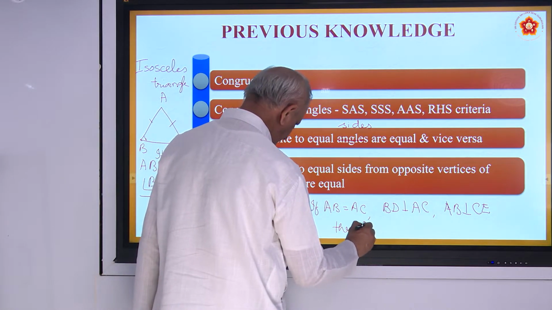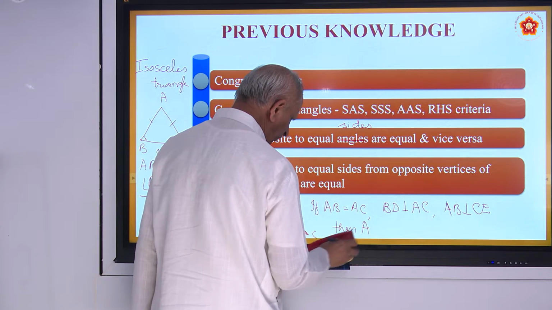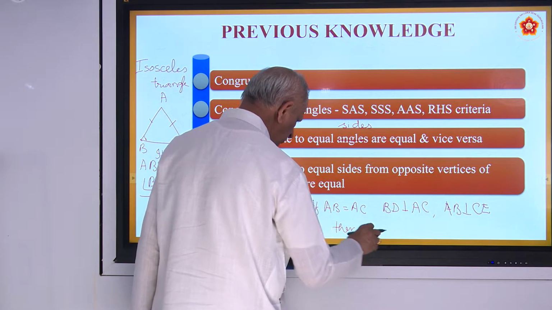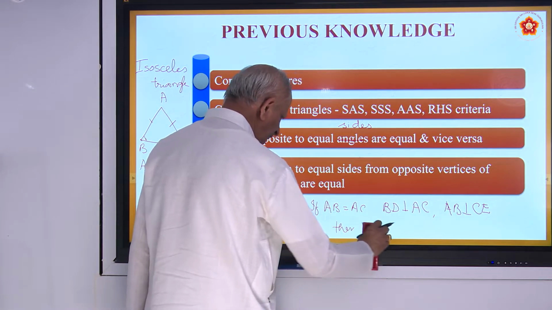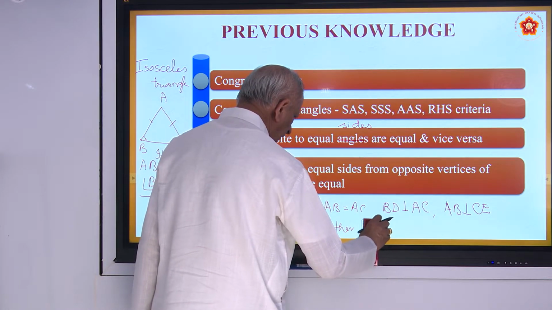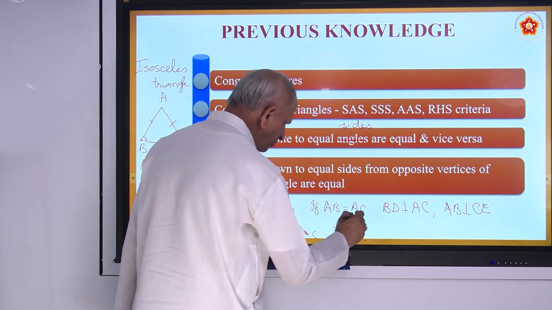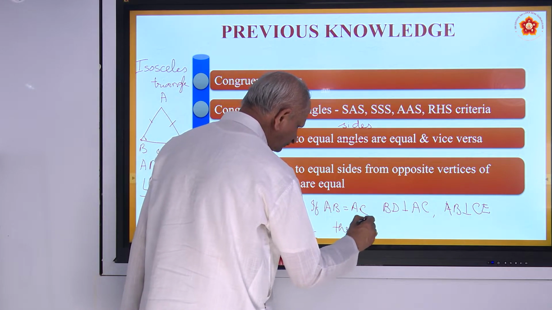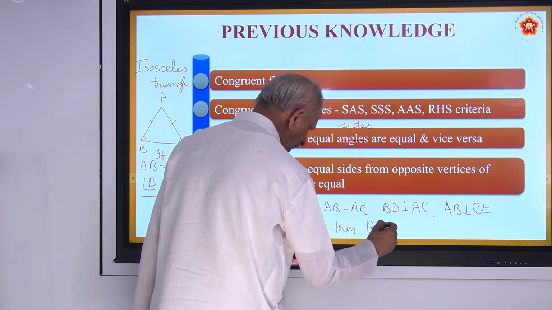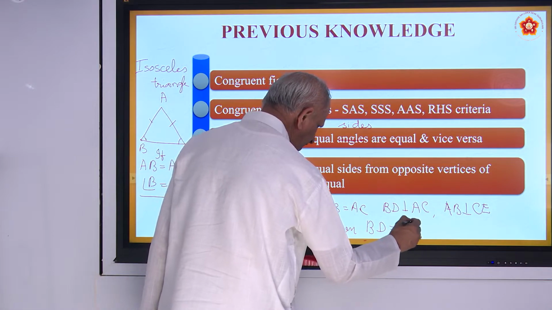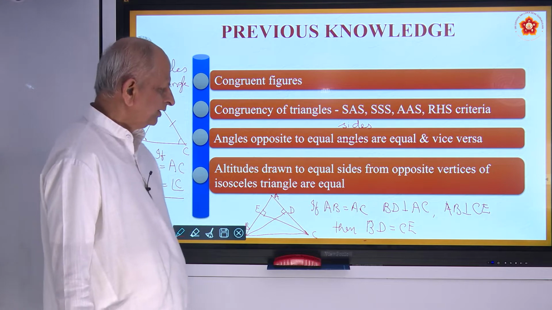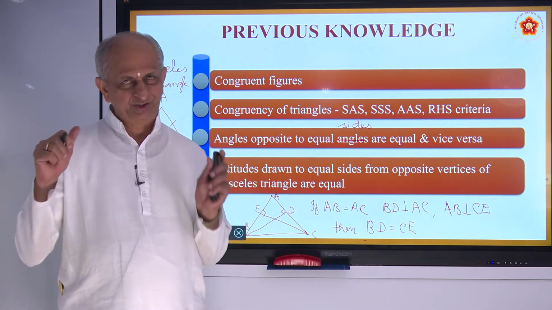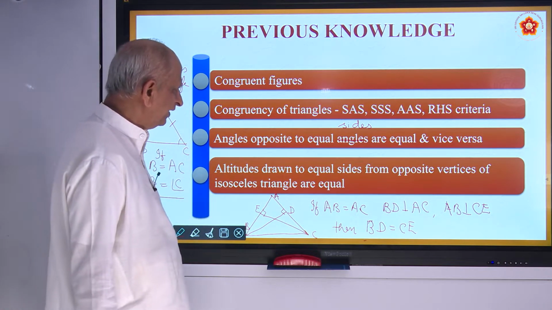So you have BD is equal to CE. They are the two altitudes. So this is the thing we already studied.